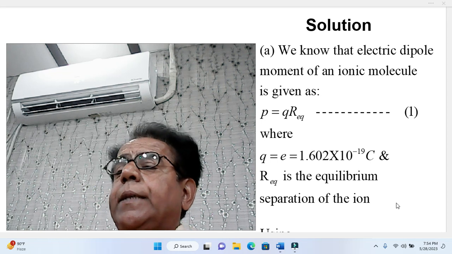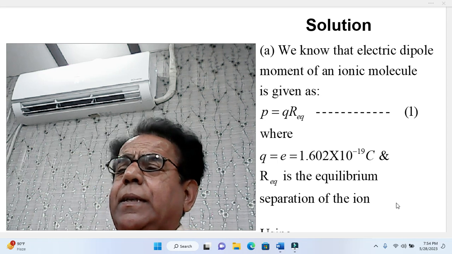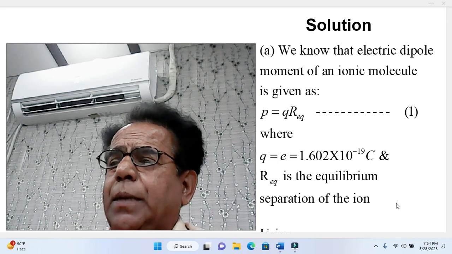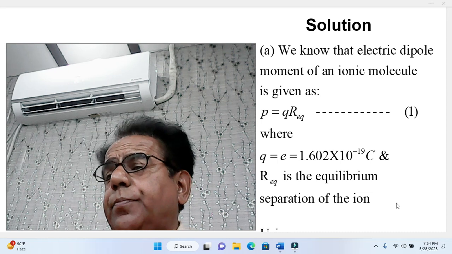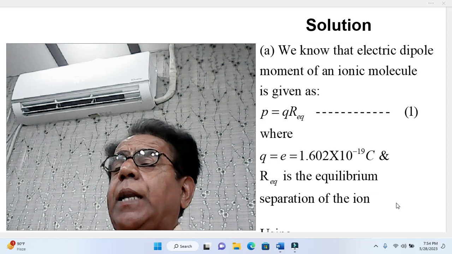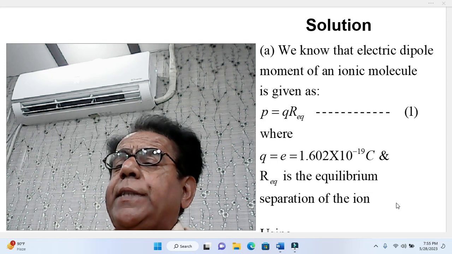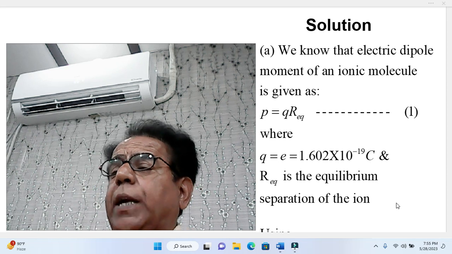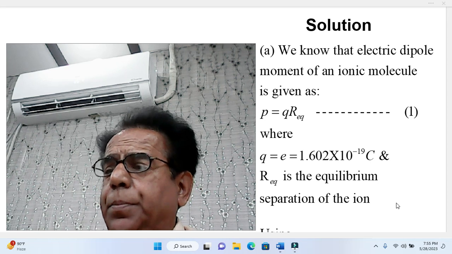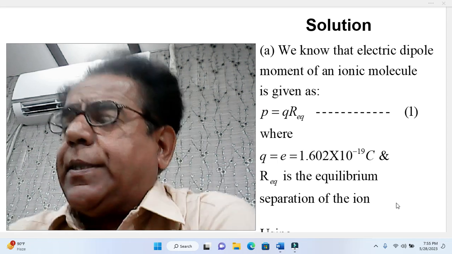Okay, this is given equation number 1. Where Q is electronic charge, where Q is equal to e is equal to 1.602 times 10 to power minus 19 coulomb, and R_EQ is the equilibrium separation of the ion.